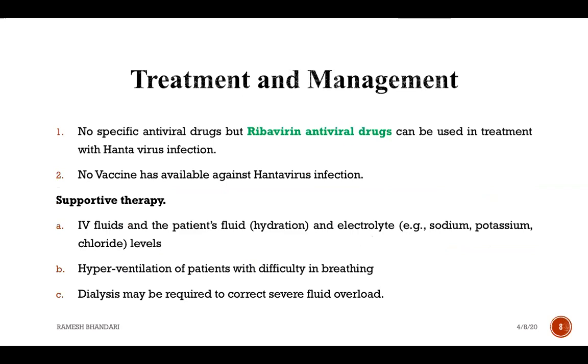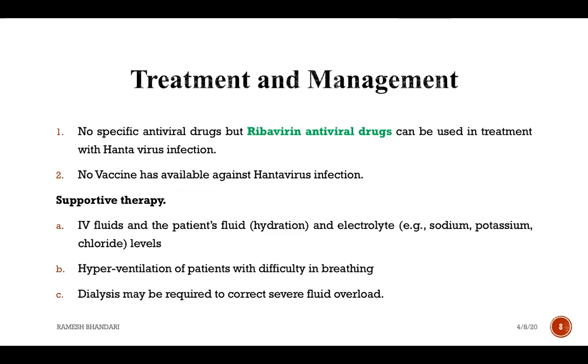Regarding the treatment and management of hantavirus infections, there are no specific antiviral drugs against hantavirus, but the antiviral drug ribavirin can be used in the treatment.